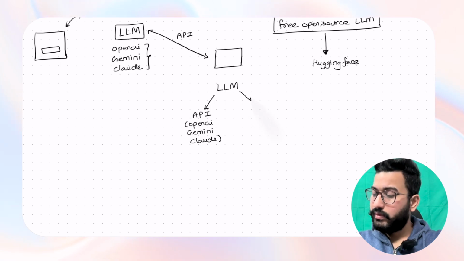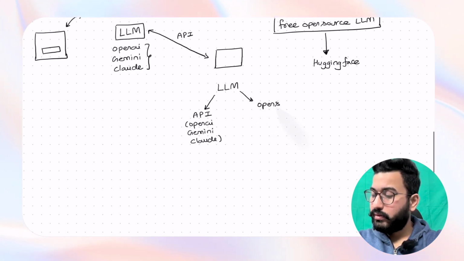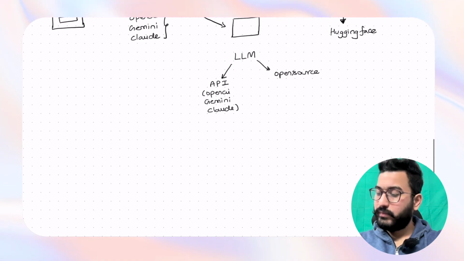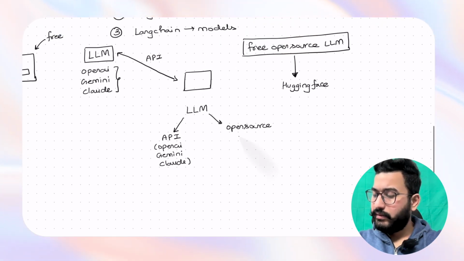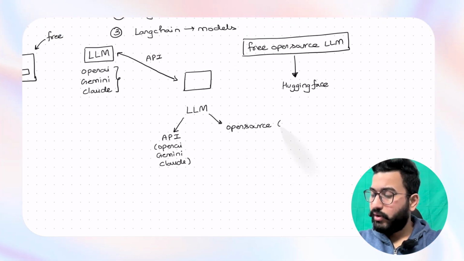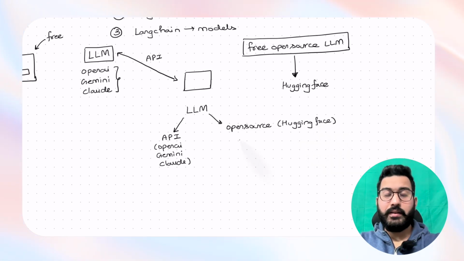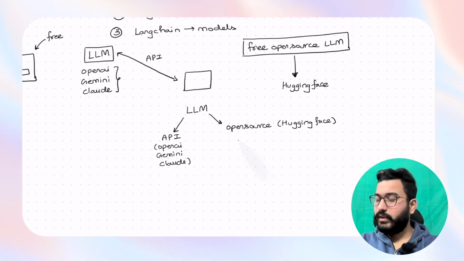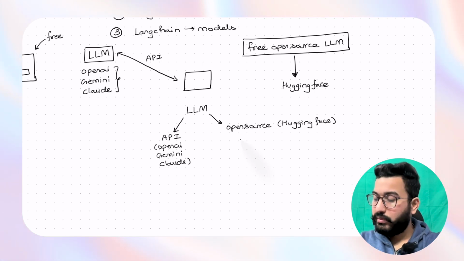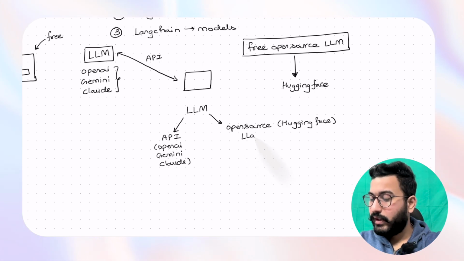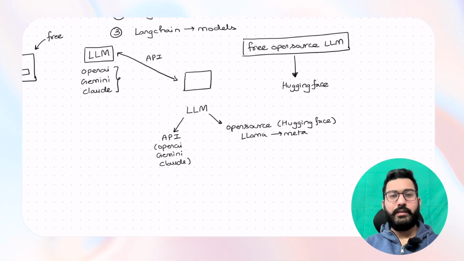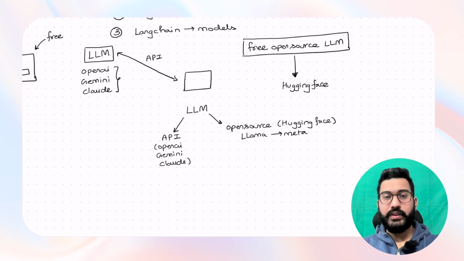You can also use LLMs from the open source community, and you can find all these models on Hugging Face. One of the very popular open source LLMs is Llama, and this is from Meta, which is your Facebook. I will demonstrate how we will be using it.